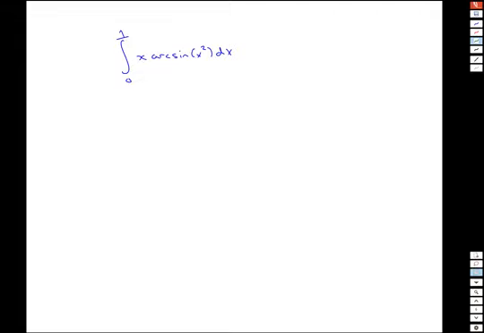In particular, this question telegraphs a substitution right out of the gate. Ignore the arcsine, looking at the x squared on the inside, the x on the outside, which is its derivative. We would definitely start by doing a substitution to see if that'll simplify the integral.